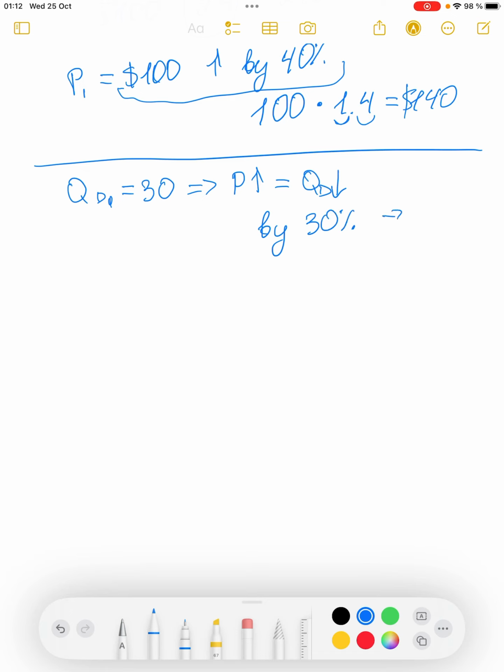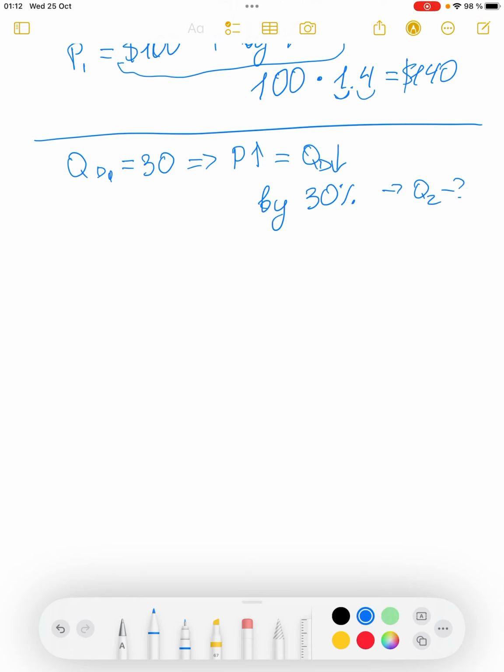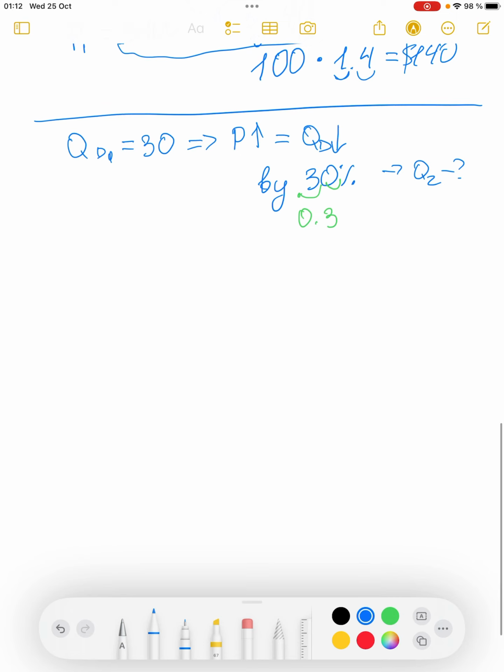What will be the final quantity for that good? So we know that 30% is 0.3. Okay, so I just want to show you the long way.